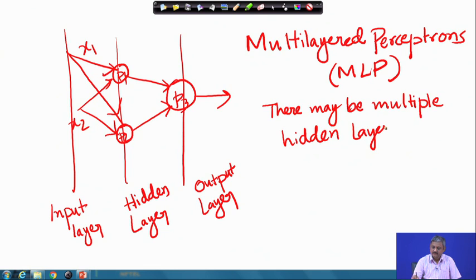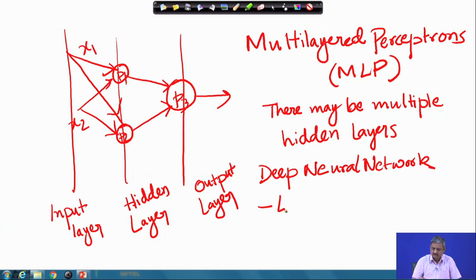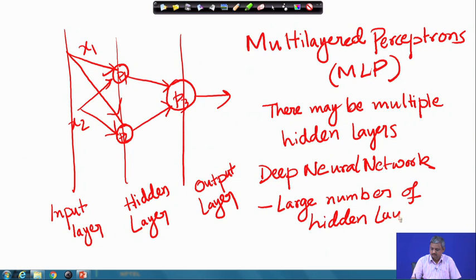In fact, the modern trend is something called a deep neural network, which is nothing but having a large number of hidden layers. That is why the term deep.